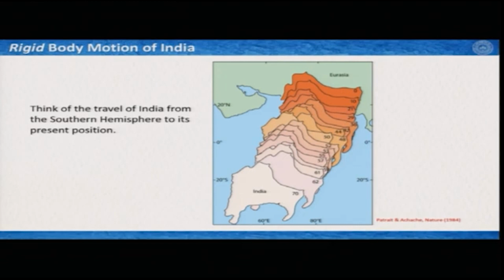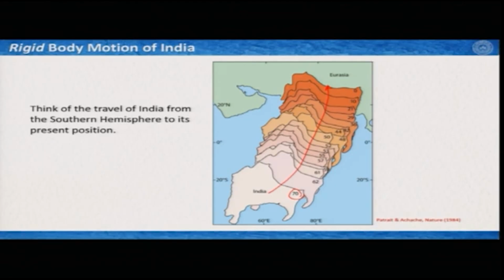So, the Indian plate was initially positioned, 70 million years ago, somehow like this, in the southern hemisphere. With time it moved this way here. So, if you consider the Indian plate was rigid, one can explain its movement through rigid body rotation and rigid body translation. It is a very simple example.